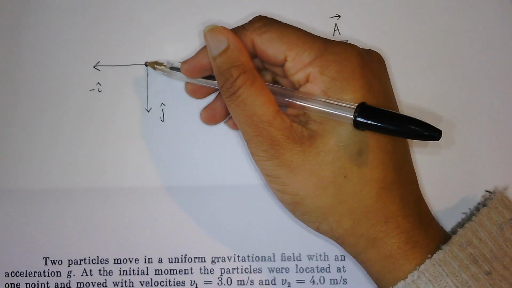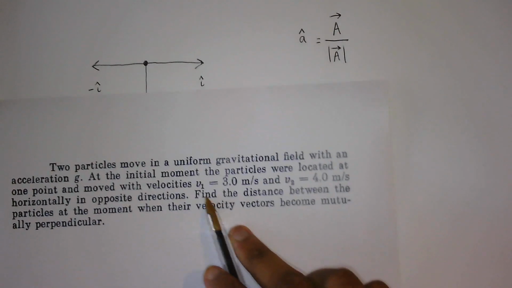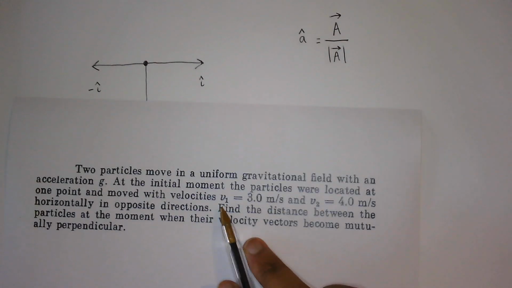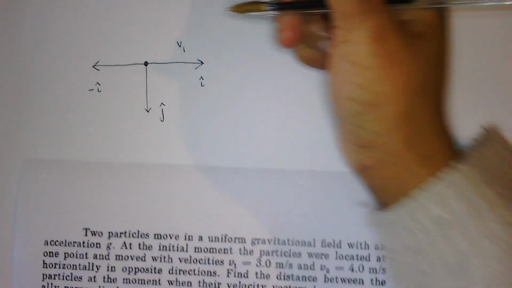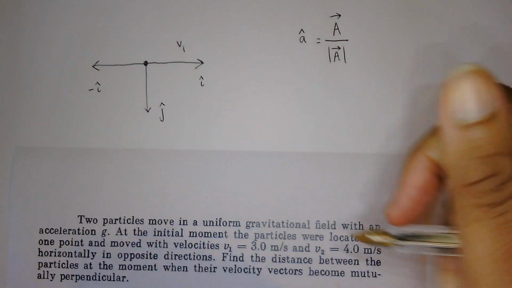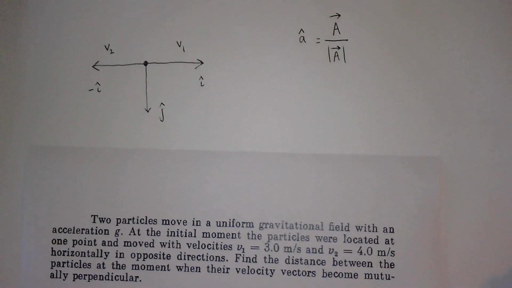So on our diagram, we can label v1, the velocity of the first particle, as being this way, and v2 as this way.